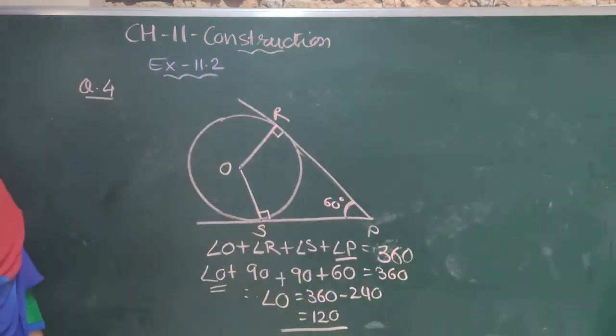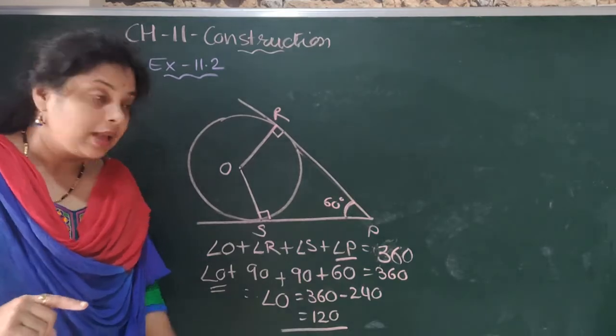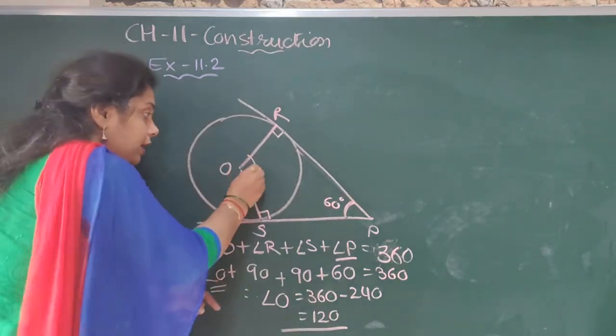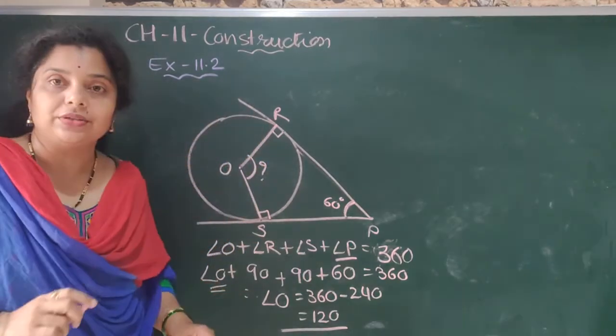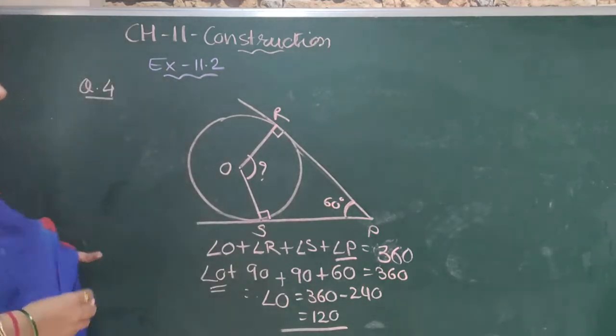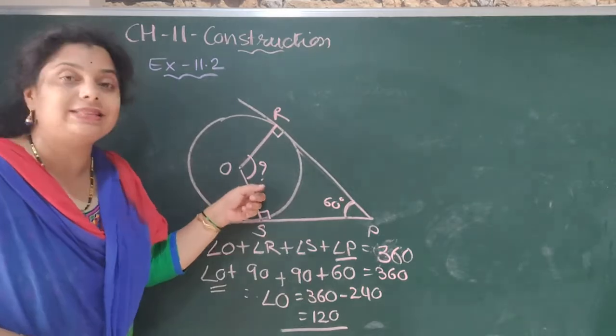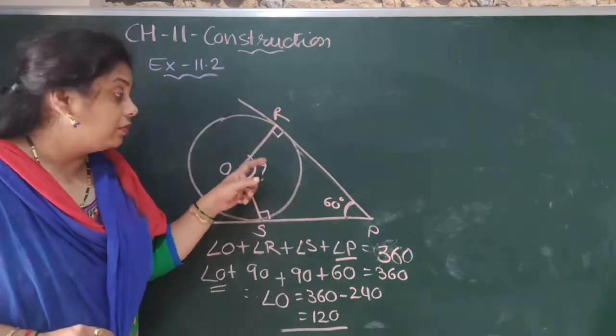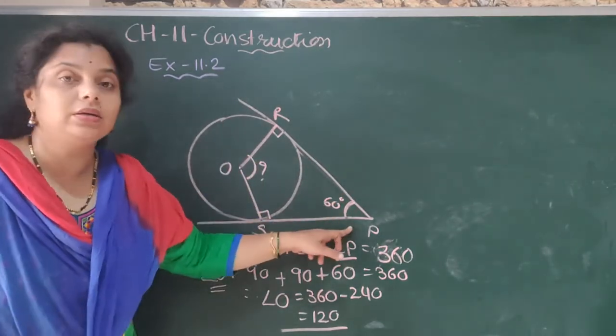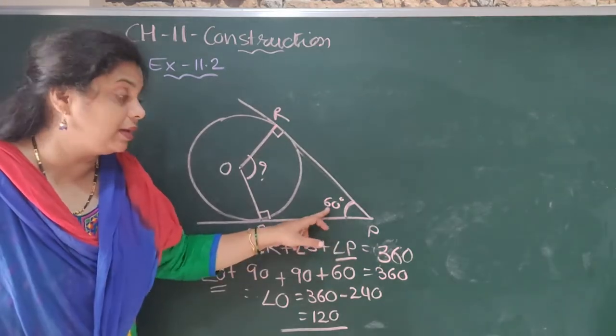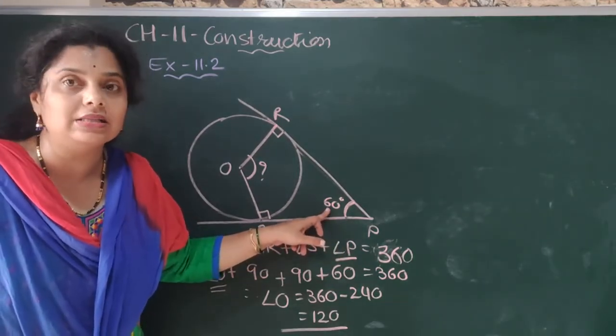Like that we have to do the calculation. The angle required here, how to calculate? You got it? Like this, we can calculate the angle at the center, by which we can do the construction and get our final answer.